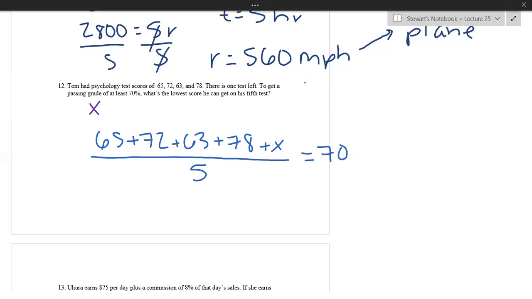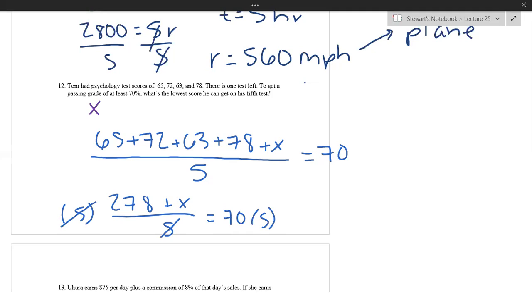So now we just have to solve for X. I'm sorry, trying to get my calculator out here. We need to combine like terms. We have 65 plus 72 plus 63 plus 78. So we're left with 278 plus X over 5 is equal to 70. So we can multiply by 5 on both sides to get it out of the denominator over here.